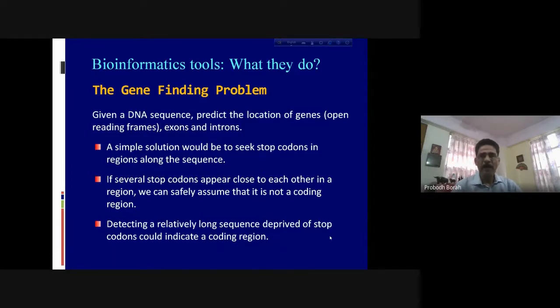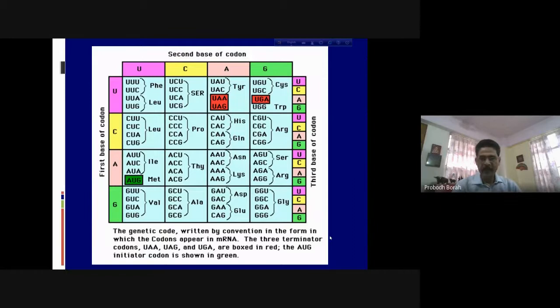Let me explain it with the help of diagrams. As we know, there are 61 functional codons which are related to different amino acids, and there are 3 triplet codons which are known as stop codons. Stop codons do not code for any amino acid, and therefore it will result in stoppage of the synthesis of protein, or the translation process.